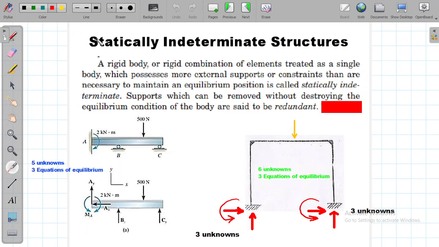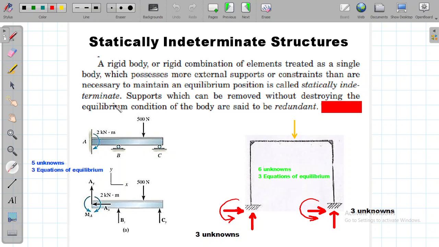Now let's see what statically indeterminate structures are. A rigid body, or a rigid combination of elements treated as a single body, which possesses more external supports or constraints than are necessary to maintain an equilibrium position, is called statically indeterminate.